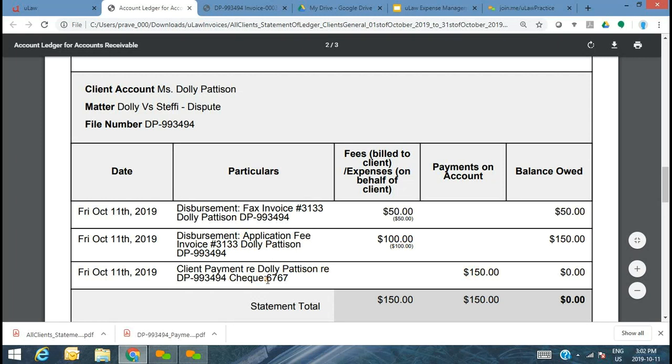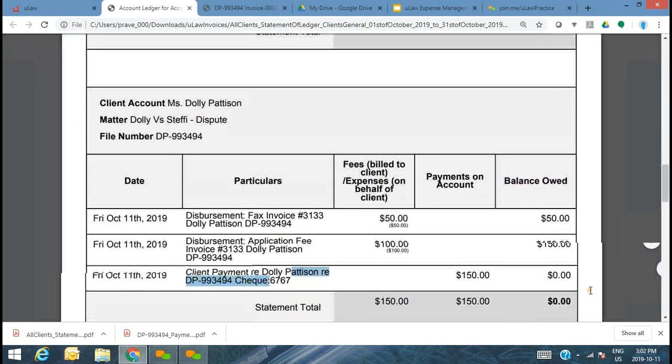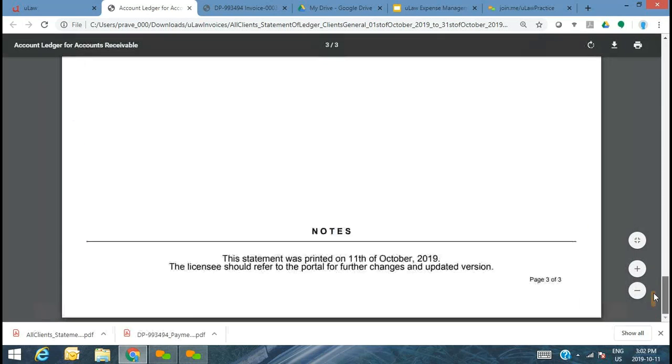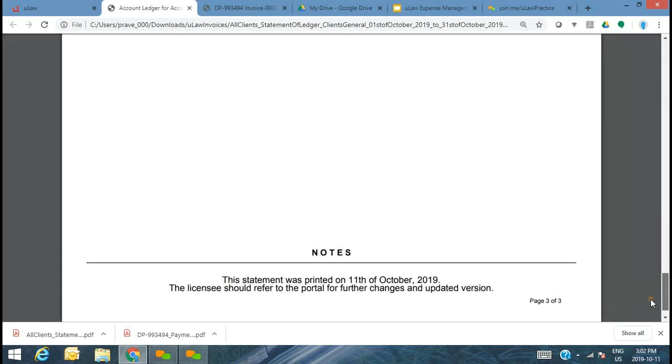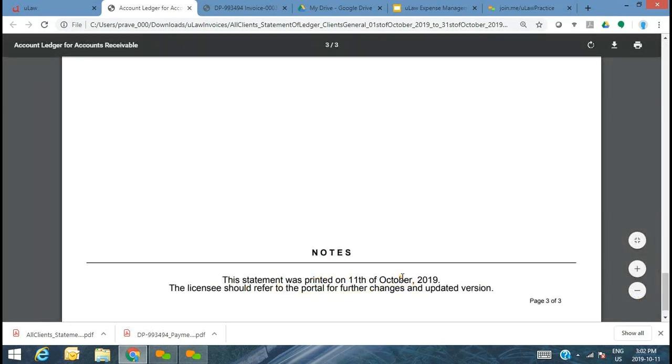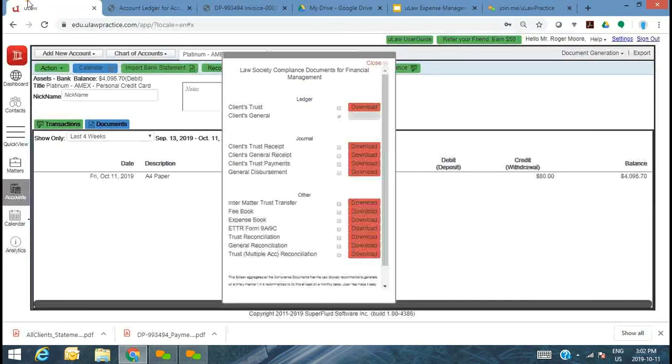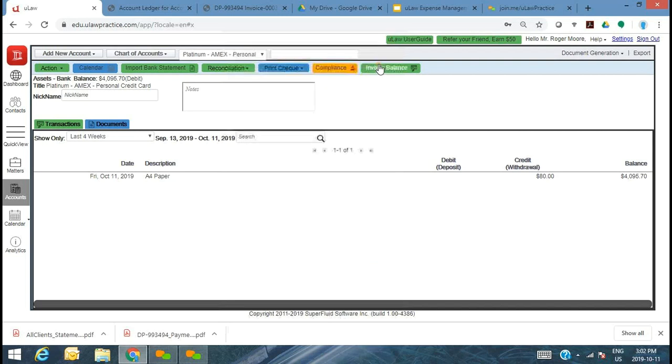It even tells you the $150 that the client paid you using a check, telling you your outstanding balance for this matter at this date and time is $0. And when I say date and time, it tells you the statement was printed on the 11th of October. So this is the situation on the 11th of October. So capturing the disbursement and generating the invoice automatically resulted in the ledgers and journals.